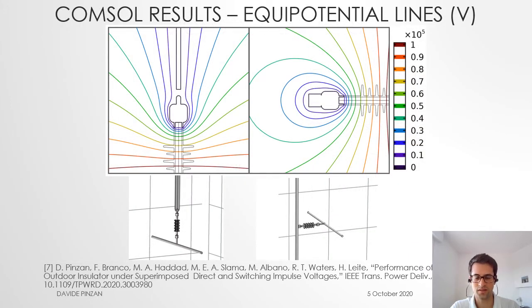The COMSOL results, in particular the equipotential lines, can justify why the test results for the dry clean condition were favorable for the horizontal orientation. In fact, the equipotential lines close to the ground electrode of the vertical configuration are more squeezed with regards to the horizontal one.